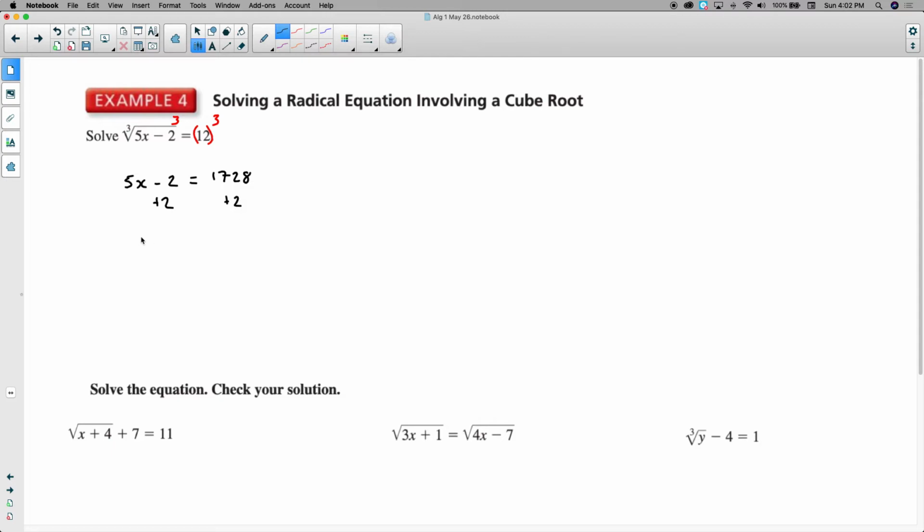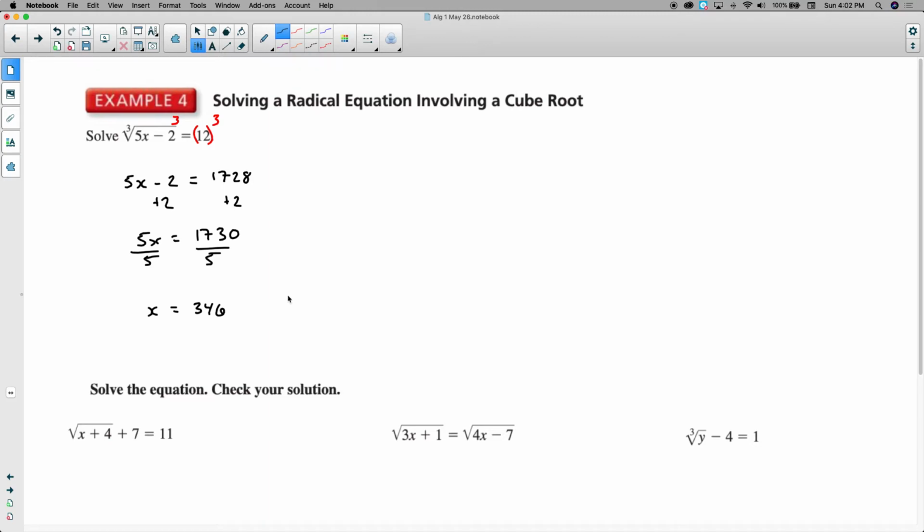Add 2, 1,730, divide by 5, and 1,730 divided by 5 is 346. All right, now I could check that one too, but I think I'm just going to be turning to the calculator to do the math.